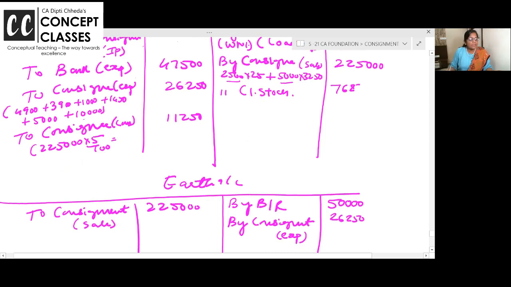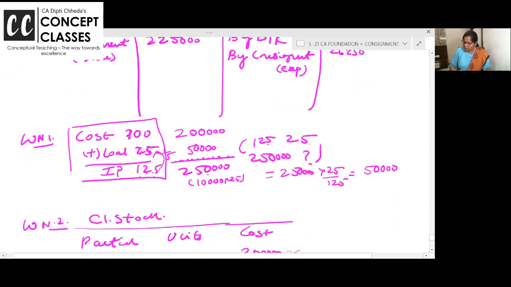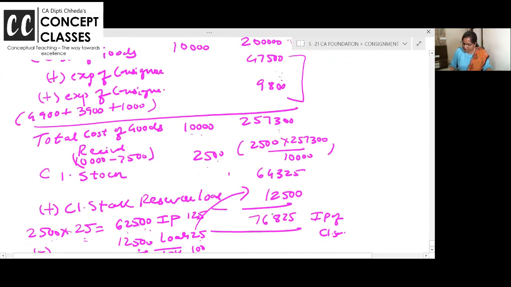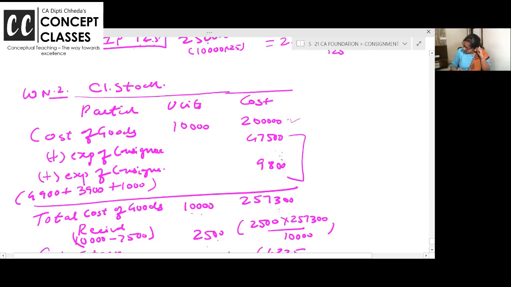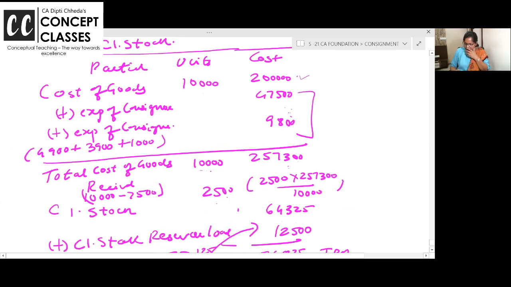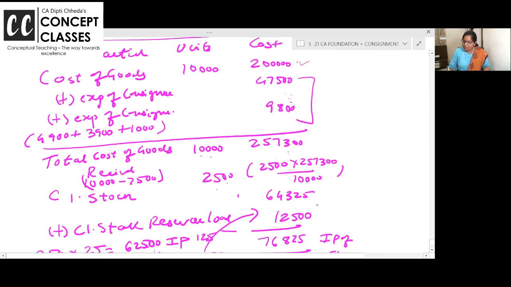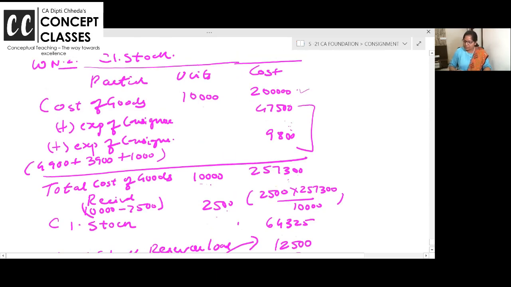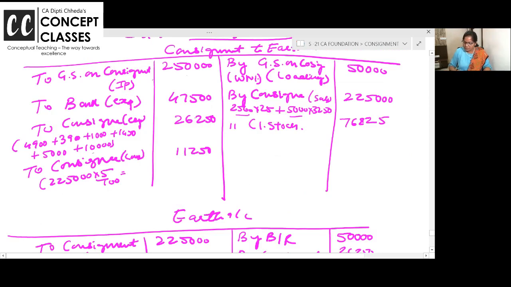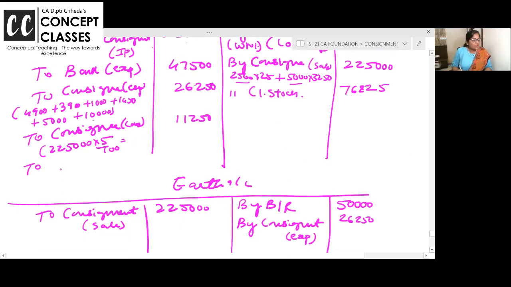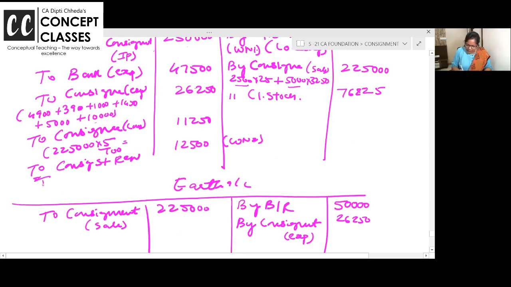Buy goods sent on consignment or you buy closing stock, 76,825. Write down. लोडिंग के साथ, प्रॉफिट के साथ. Why I have added profit? Because here I have taken it at cost and not loading. अगर यही लोडिंग के साथ ले लेते तो फिर तो माइनस करना पड़ता. And now this side, 2. Consignment stock reserve account. How much? 12,500.